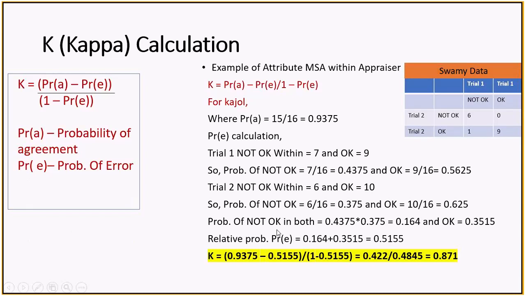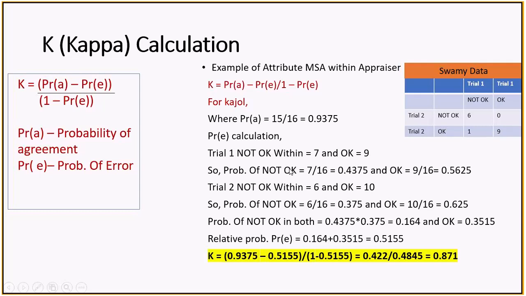Now, let's talk about errors or non-agreement. So trial 1 not okay within is 7, right? You can see here 6 plus 1, 7. And trial number 1 okay is 9, 0 plus 9 is 9, right?